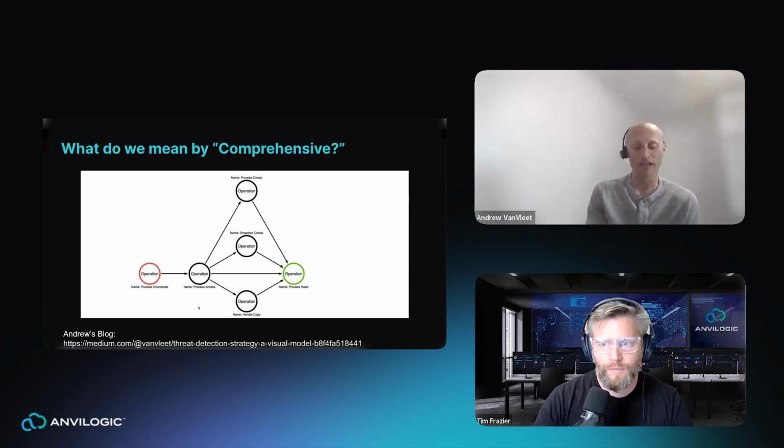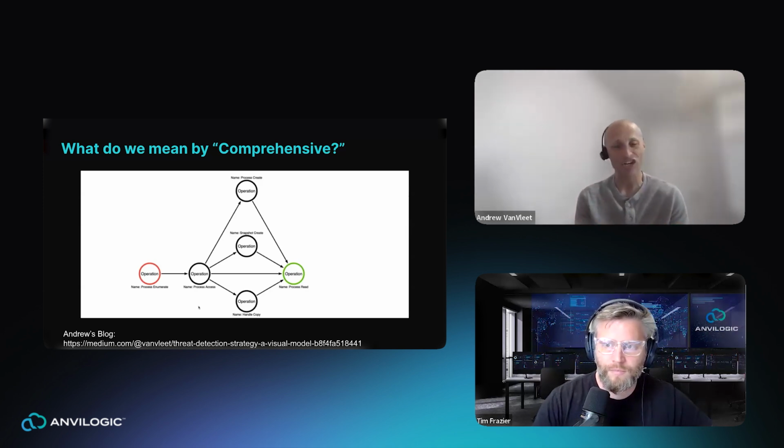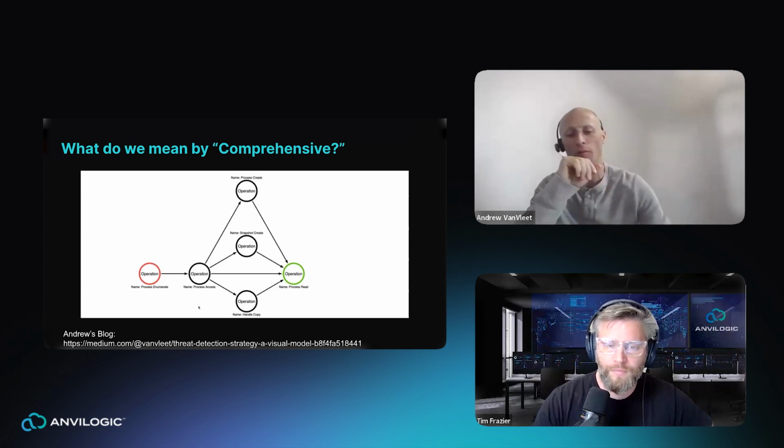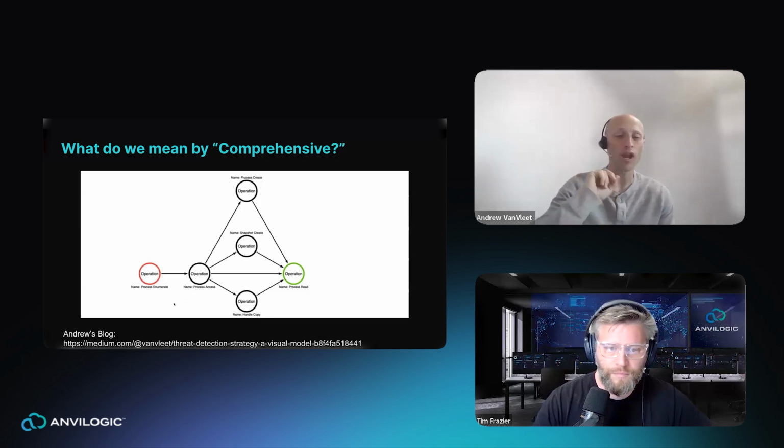Oftentimes that will not be the case, and we're going to have to put together detections that find maybe one or two of them, and then another one. We'll get a collection of detections that, between all of them, cover each of these. But the real main idea by comprehensive is that when we build this, we want to understand all the procedures. We want to understand what is essential, what has to happen, and what's immutable.